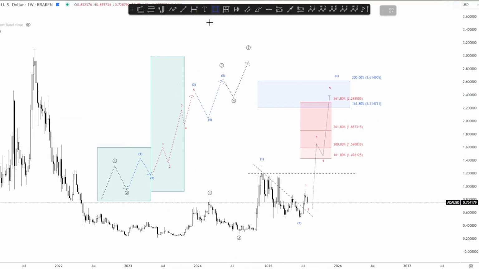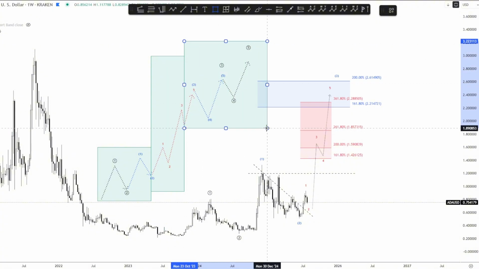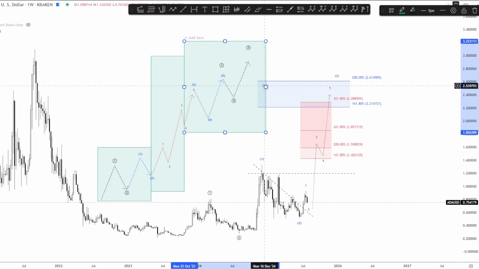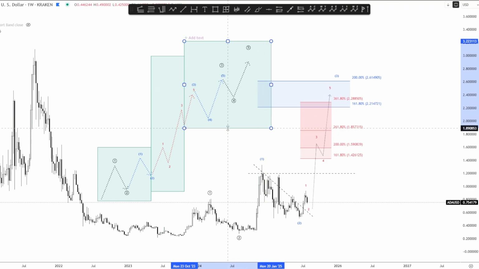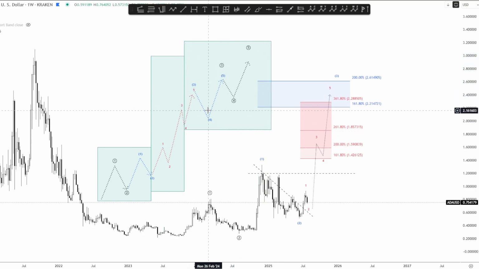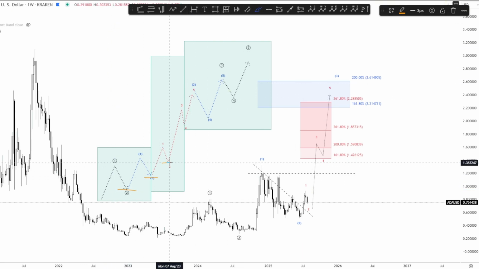So after this parabolic phase, and we are not here yet, right? It's going to take a couple of months, but we could get there. This is when it gets a little bit more boring. Lots of people that bought here, or even here on the way up, are of course starting to average out of their positions.